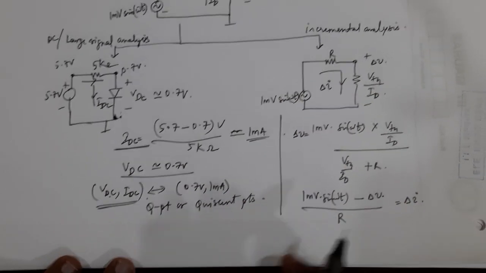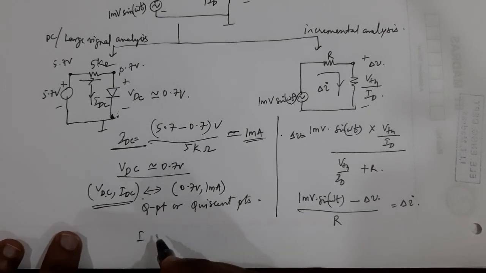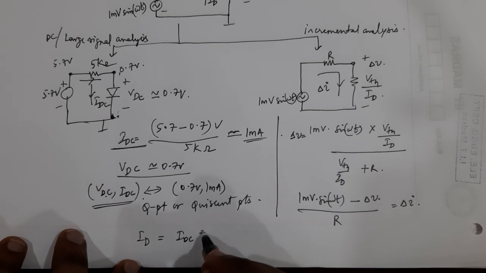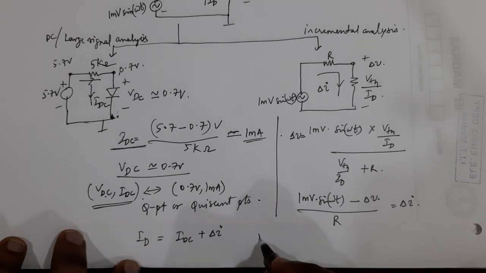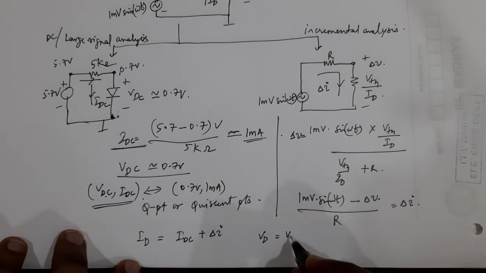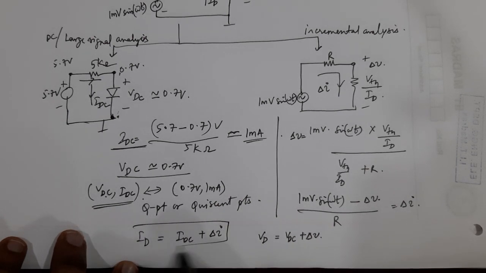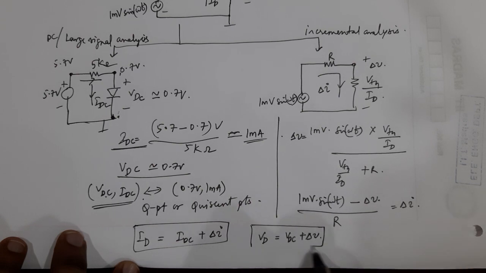So the total voltage and total current, ID, will be equal to IDC plus delta I, and VD is equal to VDC plus delta V, okay. This is the total response.